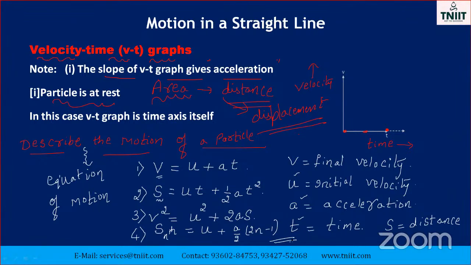Where U represents the initial velocity, A is the acceleration, n is the time for which you are calculating the distance in that second.